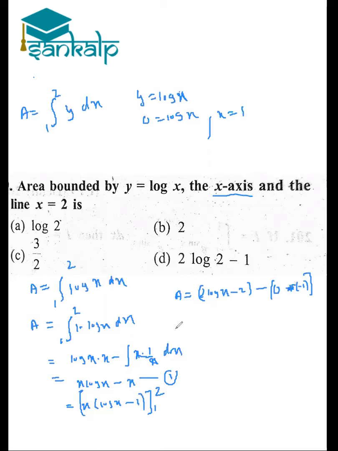On simplifying, we get 2 log 2 minus 2 plus 1, which is 2 log 2 minus 1. This is the final answer, and the required area is given by option D. So option D gives the right answer.